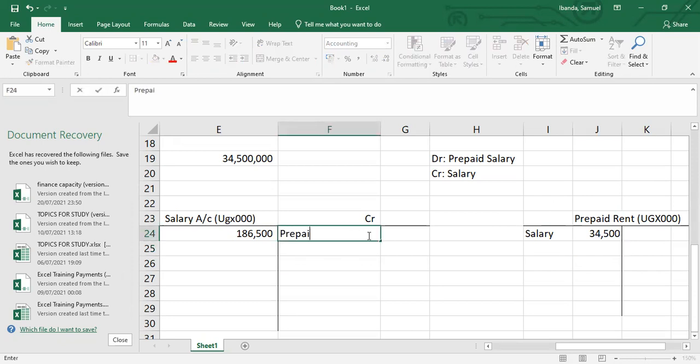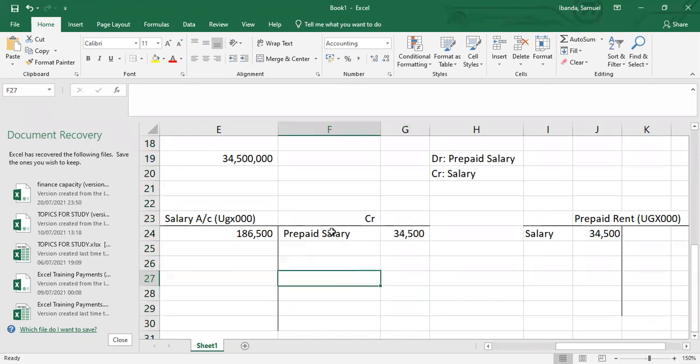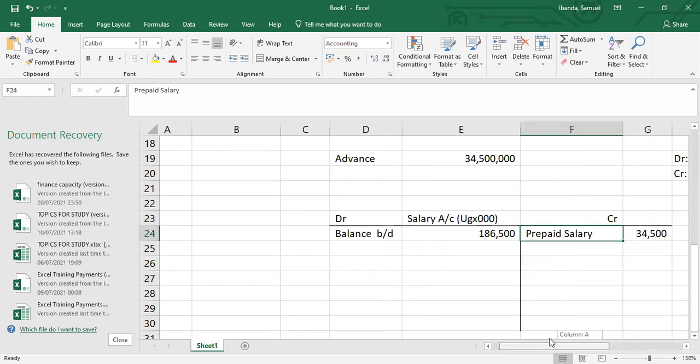I put it here: prepaid salary. I don't know why rent is on my mind. It is 34,500, like that.